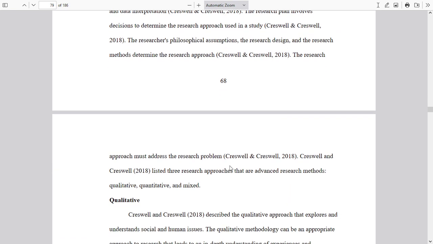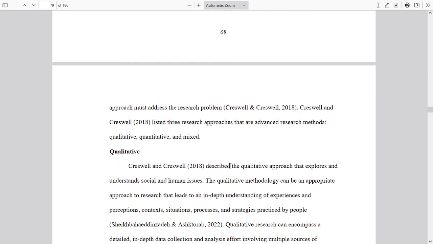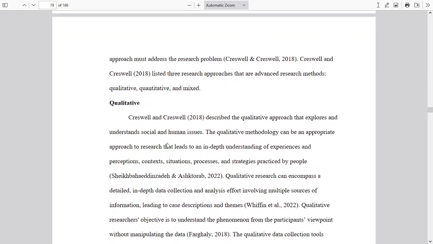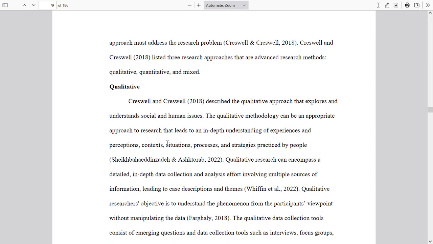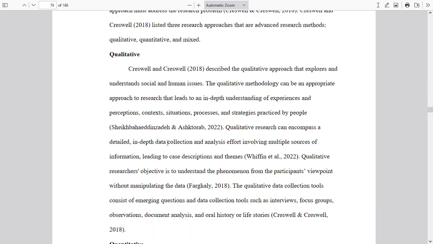Okay, I chose a qualitative method right here. The reasons why are that a qualitative method can be an appropriate approach to research that leads to an in-depth understanding of experiences and perceptions, context, situations, processes, and strategies practiced by people.